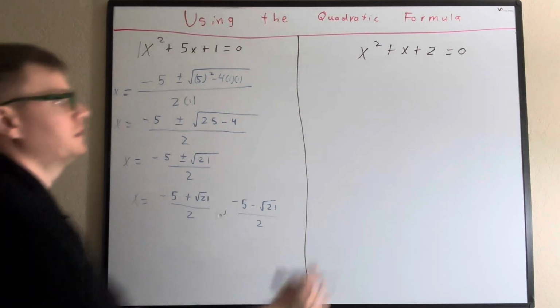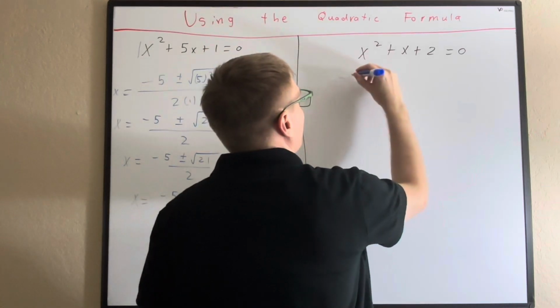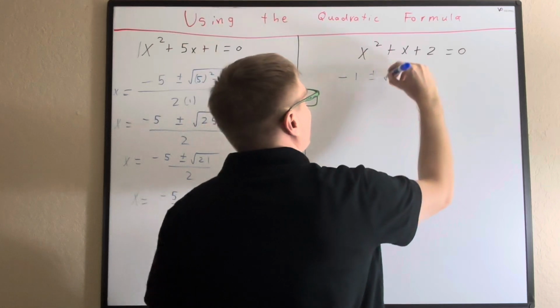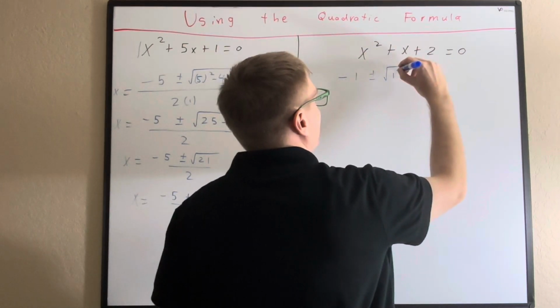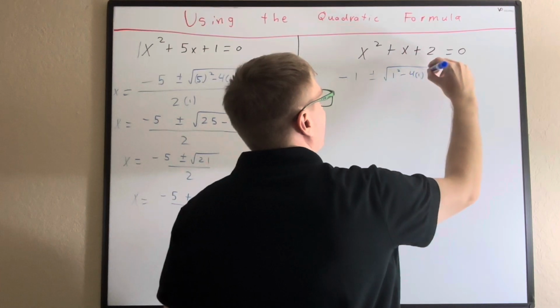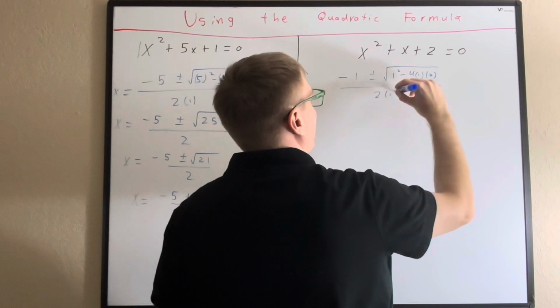All right, let's do the other one. Negative b plus or minus the square root of b squared minus 4ac all over 2a.